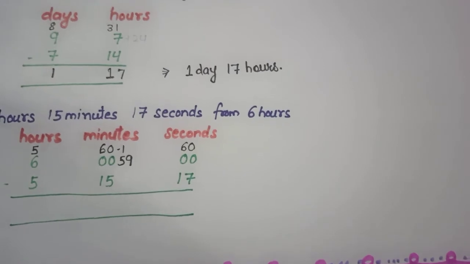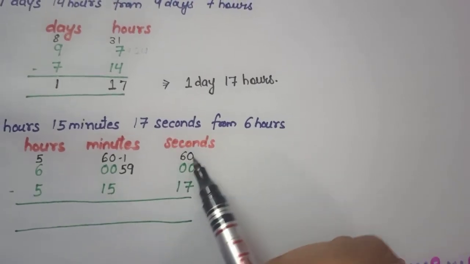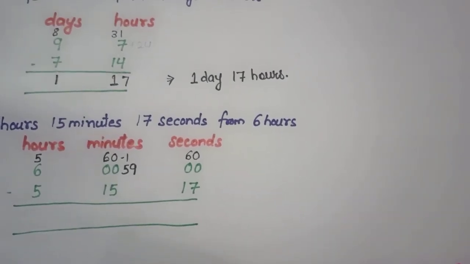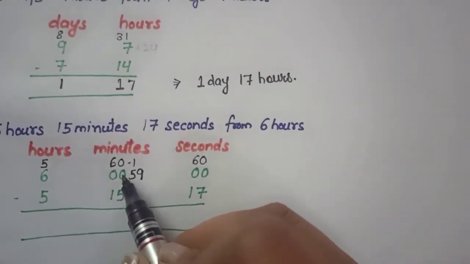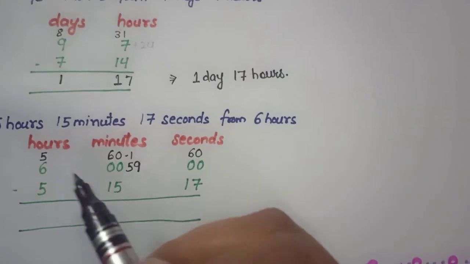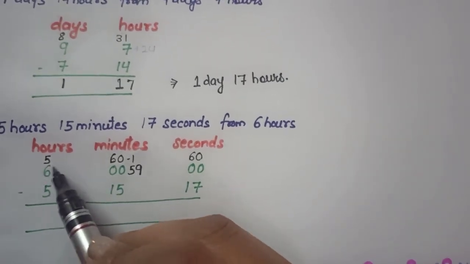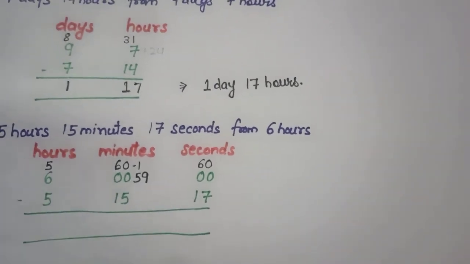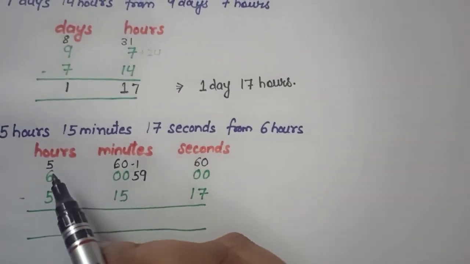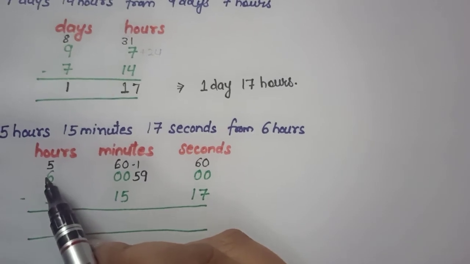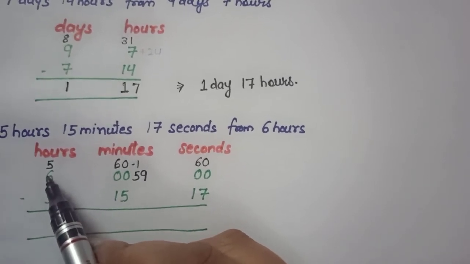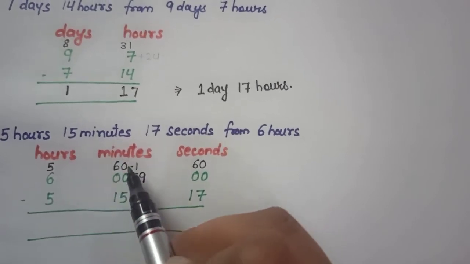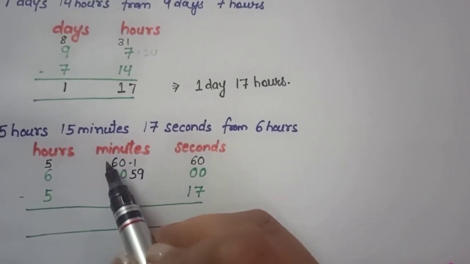Now what we need to do is take one borrow from this place, but we can see that it also has 0 over here. So first of all, this minutes part will take one borrow from hours. How many minutes do we have in 1 hour? Because I have to take 1 from here, it will give 1 from its side, correct? But how many minutes will it get? 60.